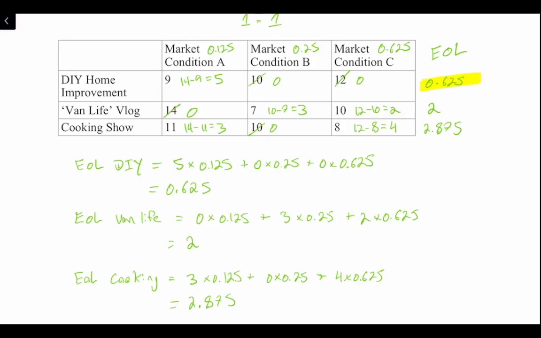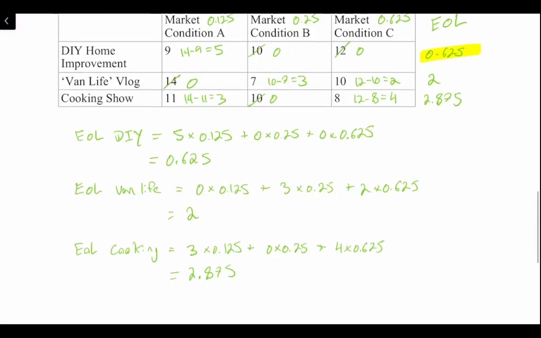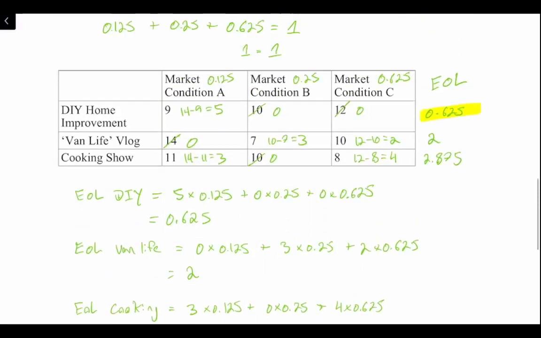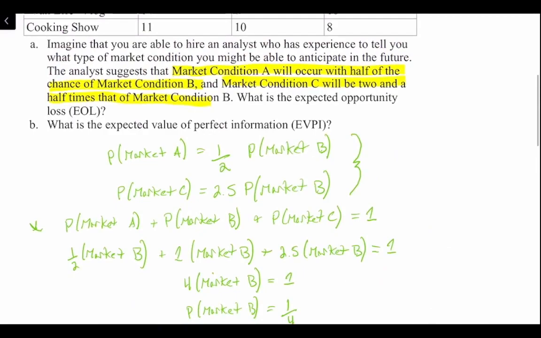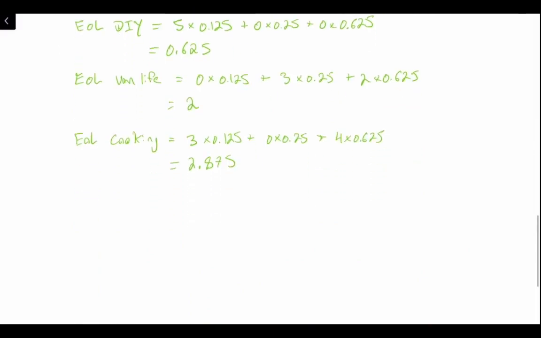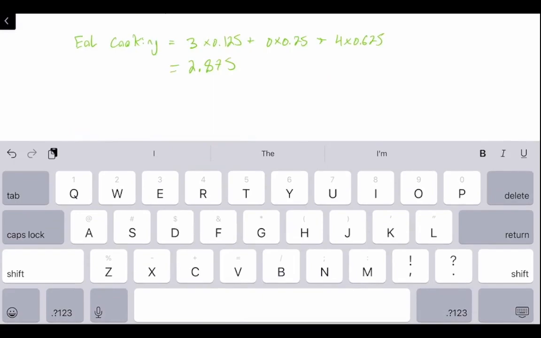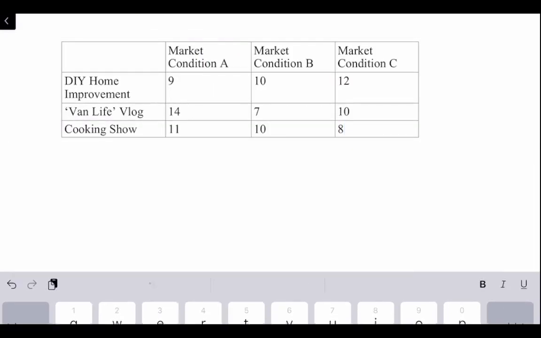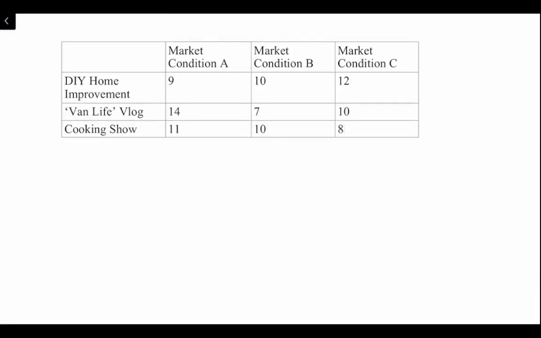Now, finally, we have to calculate our expected value of perfect information. So our EVPI. So if we had perfect information, what is the expected value of that? So let's just go ahead and paste our table in again, and again we'll write in our probabilities. So this was 0.125, this was 0.25, this was 0.625.